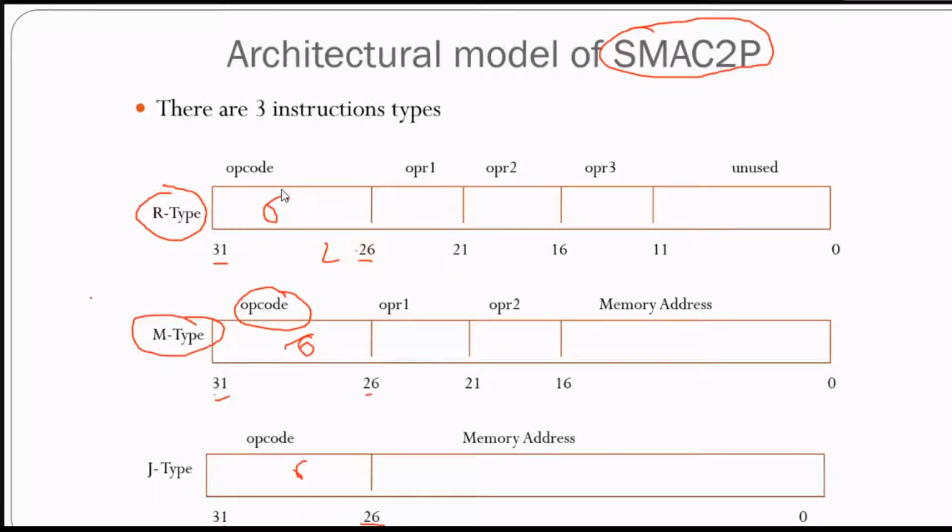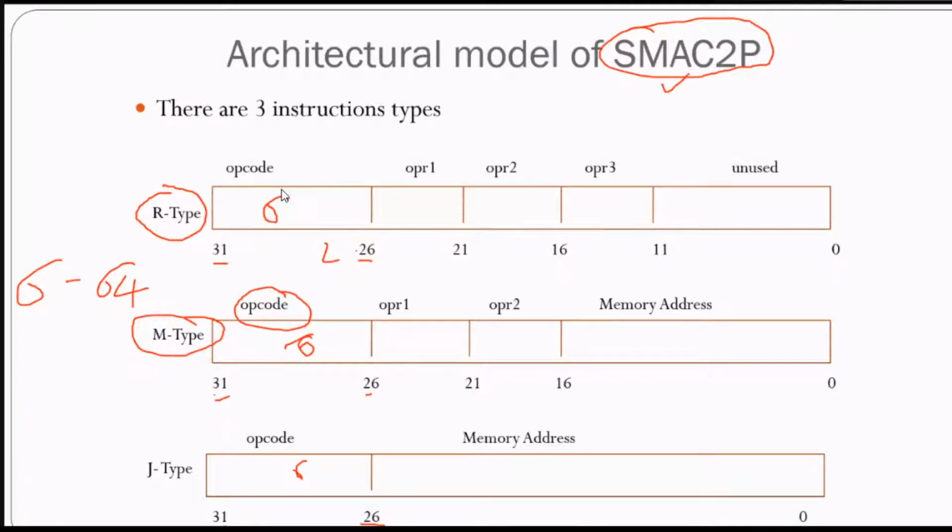So if you are using 6 bit for opcode, how many different instructions you can specify using this 6 bit? Yes, 2 raised to 6, which means 64. So we can have 64 number of instructions for our SMEC2 PC.